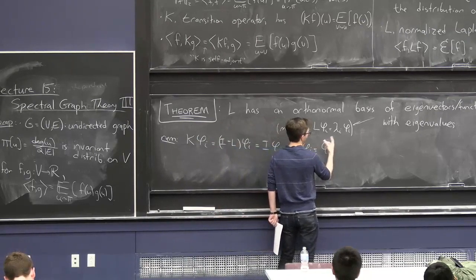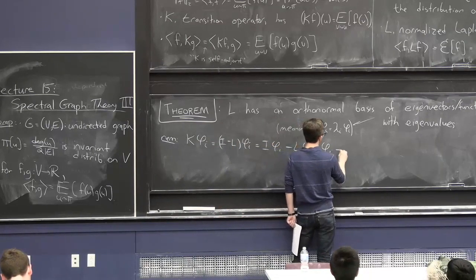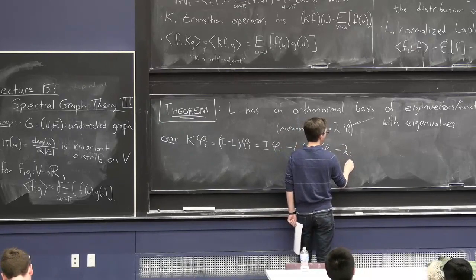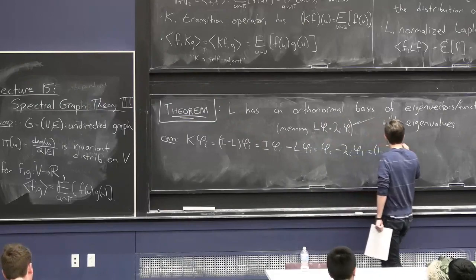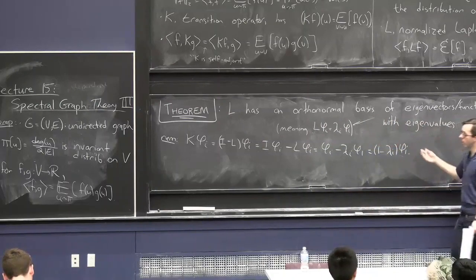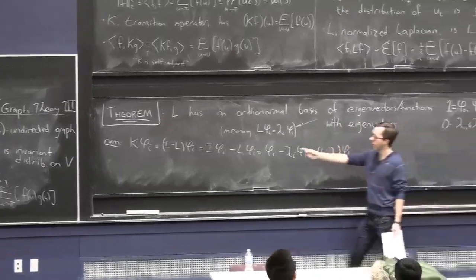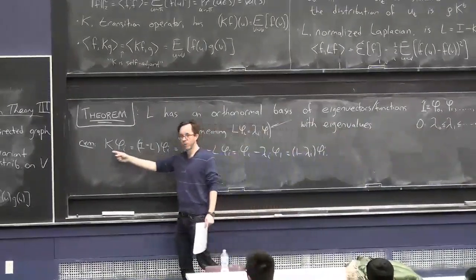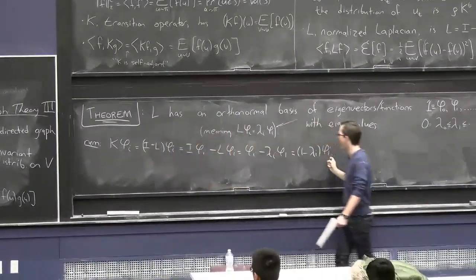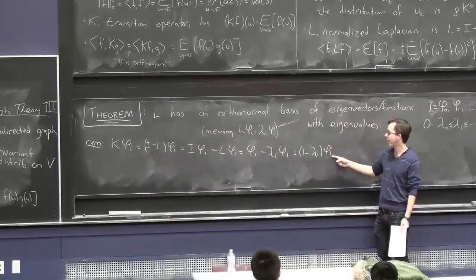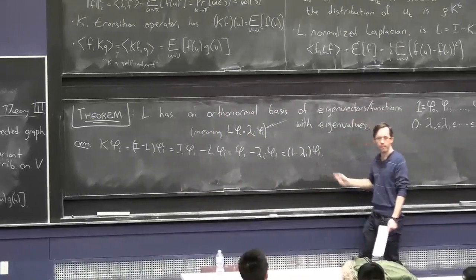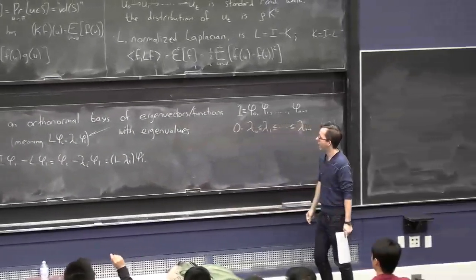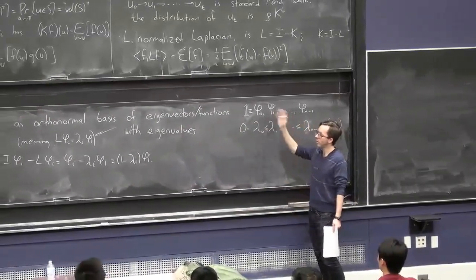And phi i is an eigenvector for L, with eigenvalue lambda i, so L phi i is lambda i phi i. So we get 1 minus lambda i, times phi i. Great, ta-da. K also has the property that if you multiply phi i by K, you just get a scaled copy of phi i. That proves that phi i is an eigenvector, and its eigenvalue is 1 minus lambda i. So K is an equally delicious matrix.